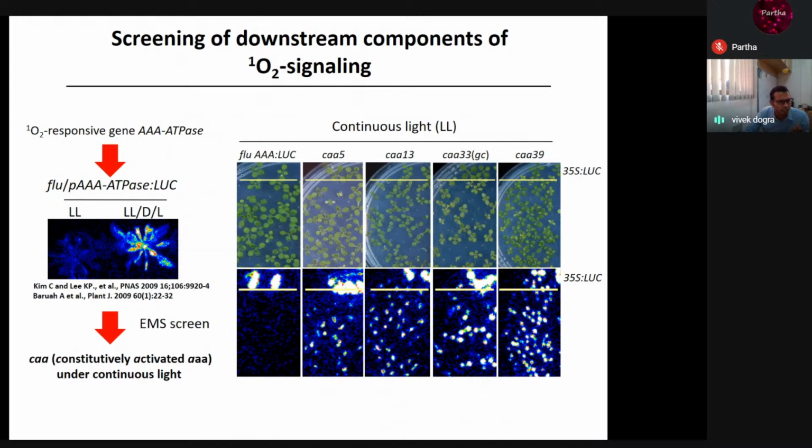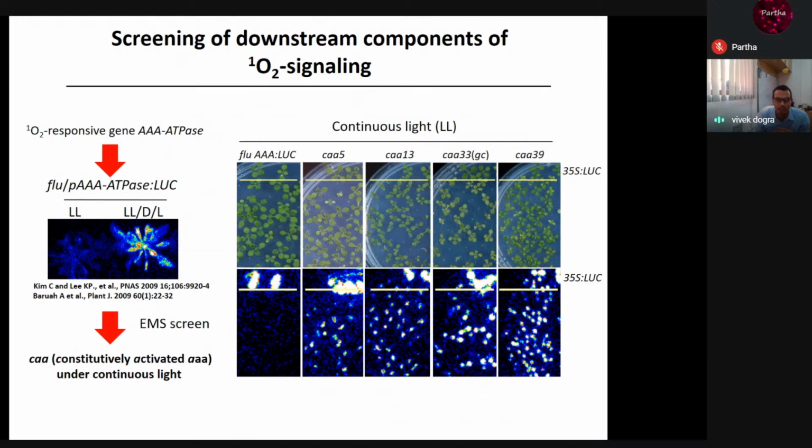Out of those, interestingly, they found one mutant which had constitutive activation of this gene. It means whether it was light or dark, even in the dark, they were luminescing. Something happened to these plants.